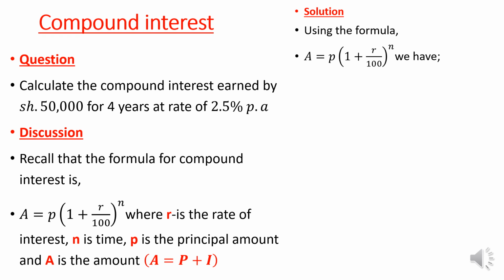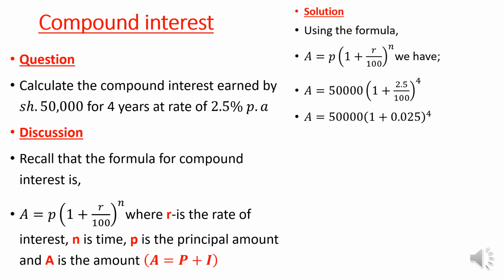So we have this by substitution. If we substitute, remember the principal is 50,000, the rate is 2.5, and the time is 4. So substituting into that formula, we have this particular relationship.